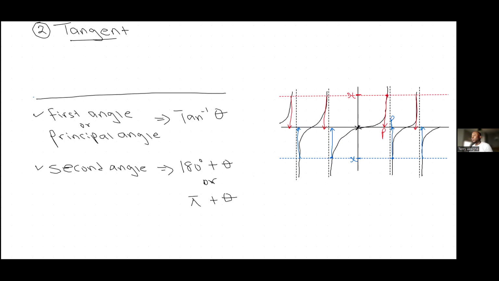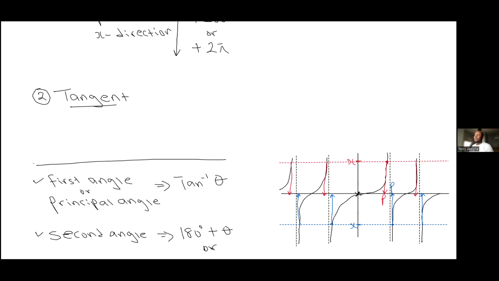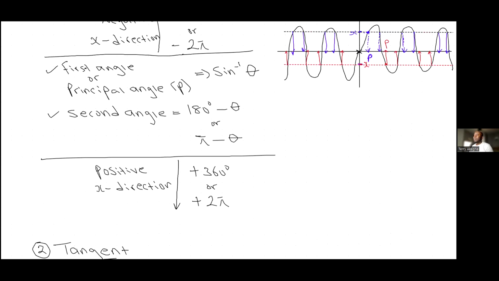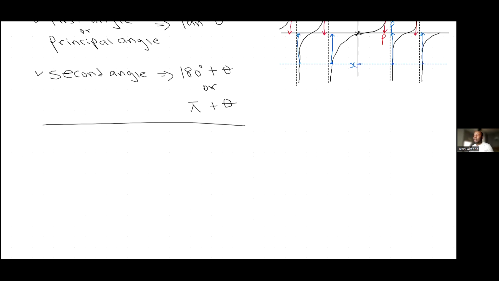So when you've gotten these two angles, then as usual, similarly to the sine we talked about, when you're going in the positive x direction, you add 360 degrees, or if I'm working with radians, I'm going to add 2 pi radians.